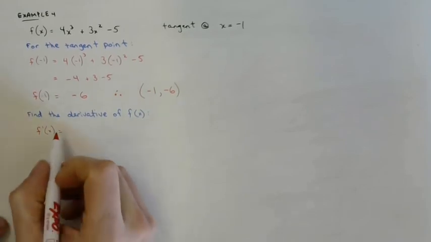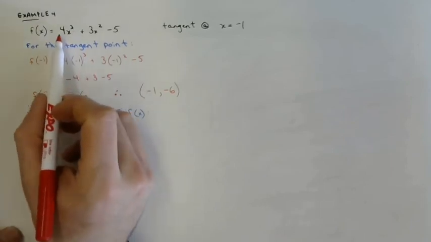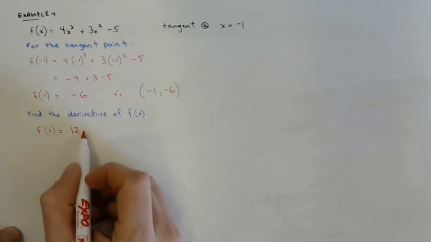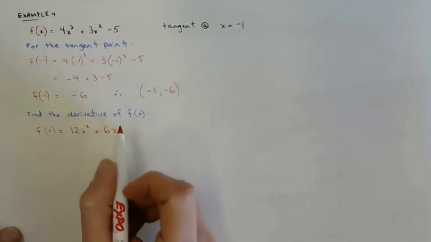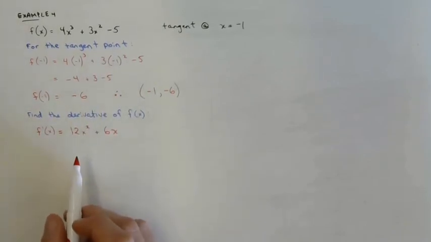Okay, at this point I'd be pretty comfortable skipping some steps, so I would just right away go 3 times 4 is 12, x squared. So I got 12x squared, and plus 6x, and the constant drops off. Okay, so finding the derivative is not all that challenging.